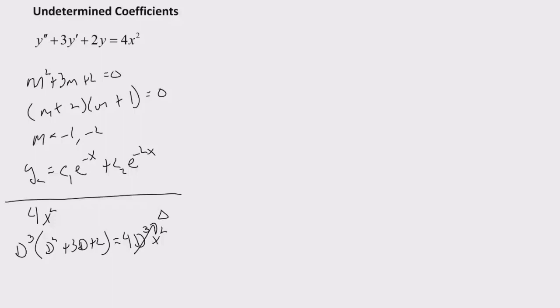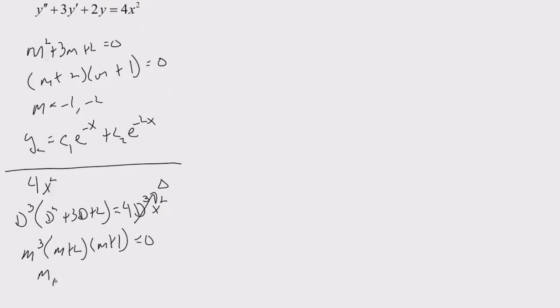But then my auxiliary equation changes its format slightly. It means we pick up a series of repeated roots. So now I have solutions of m1, m2, and m3, all of which equal 0.